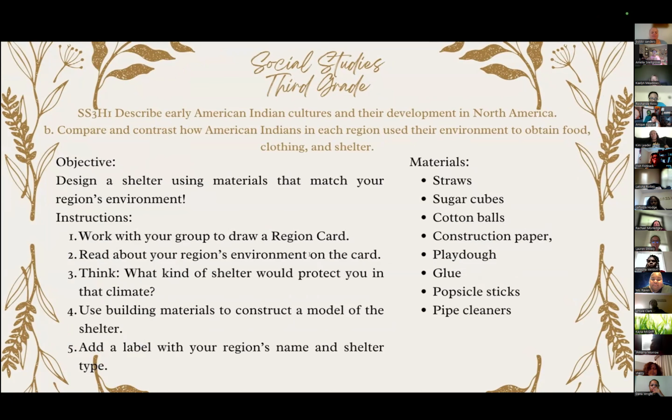Based on the region, they have to build the shelter to match that region card. There's materials here that they can use, and they have to build the housing that they had, whether it be an igloo or a teepee or whatever. And they'll build a model of how shelters were in their region back in the day. And then they'll present to the class.